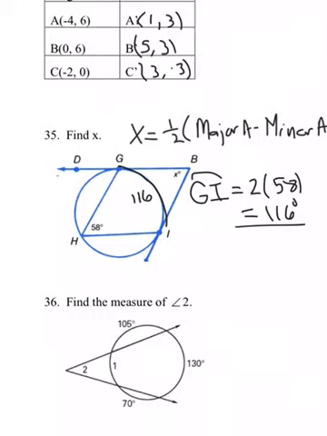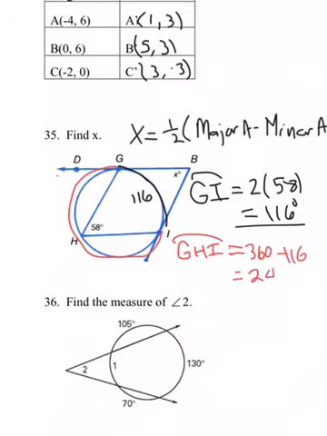So GI is 116, that's a minor arc. To find GHI, the whole rest of the circle in the opposite direction, you have to subtract. You're going to do 360 minus that 116. And 360 minus that 116 is 244.